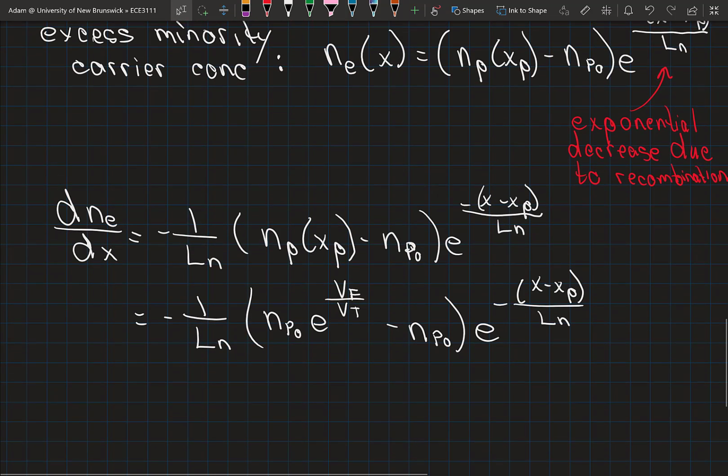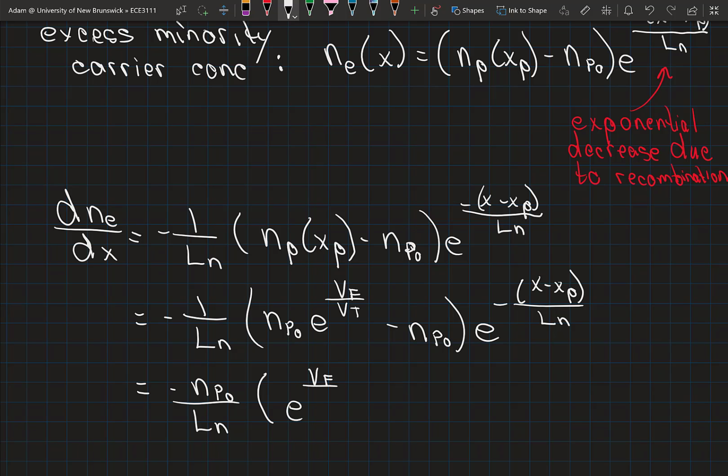I can factor out my unbiased concentration. This is the concentration that's due to thermal generation. So if I factor that out, I get an expression that looks like this.